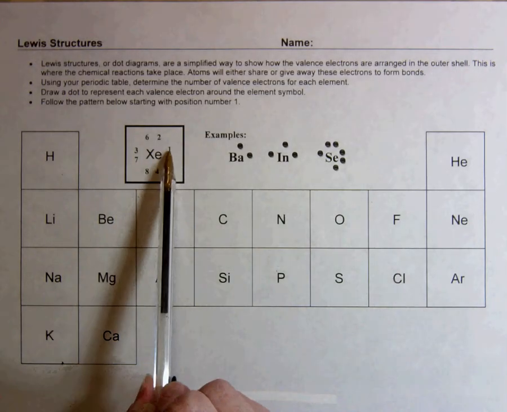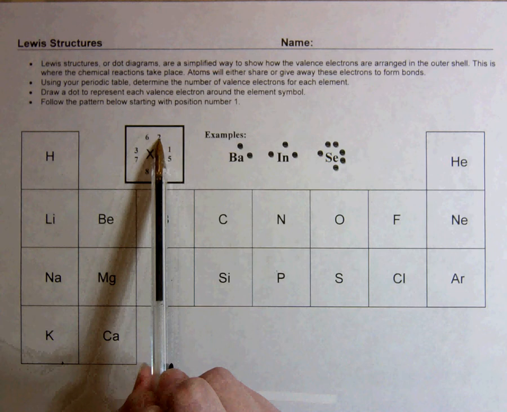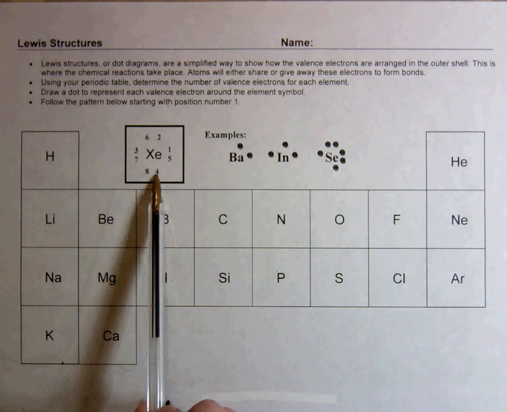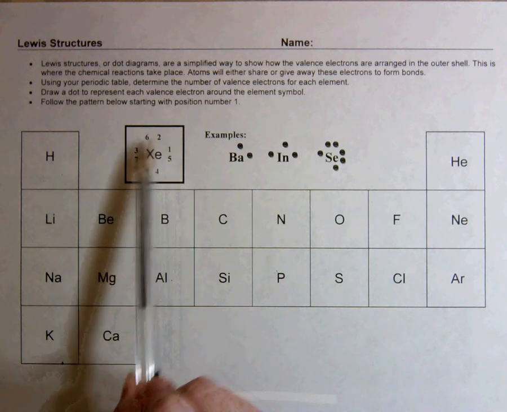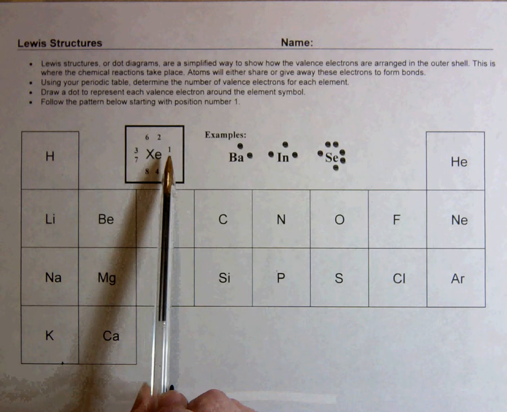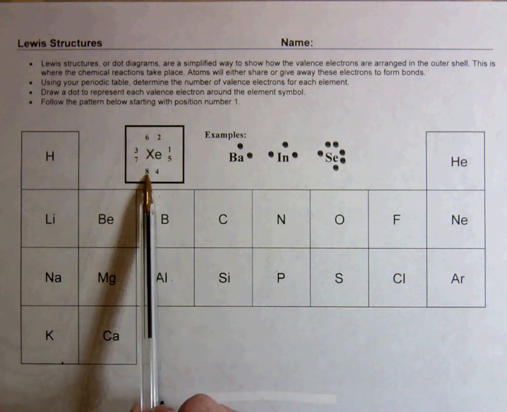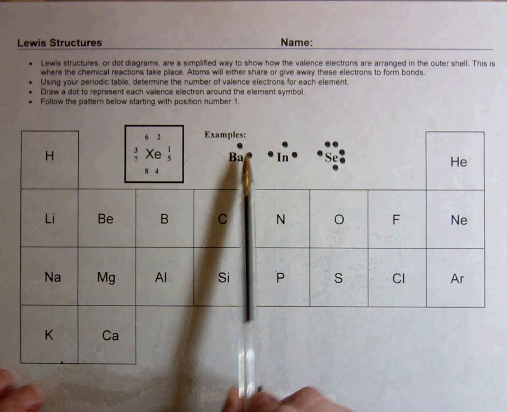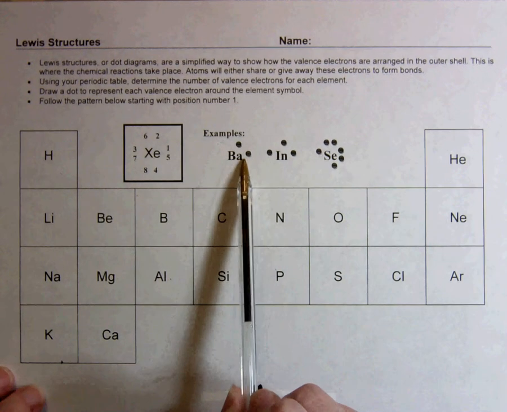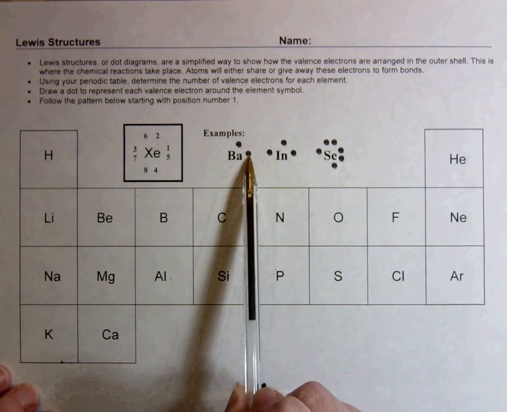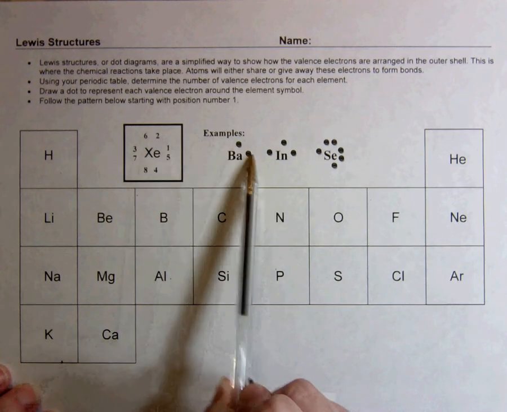Put the first electron here, the second electron here, third and fourth, so that you have 1 in each spot before you make them pair up. So then 5, 6, 7, 8. So notice when you do barium, there are 2 valence electrons, and so you'd put 1 here and 1 here, 1 and 2, 1 and 2.